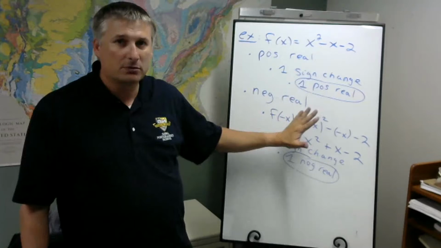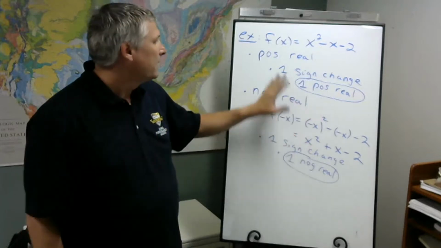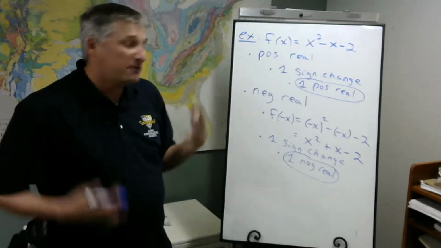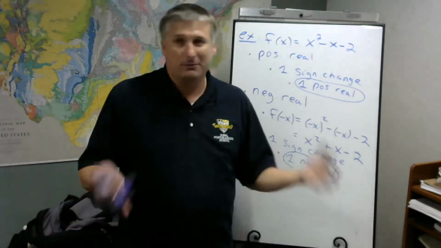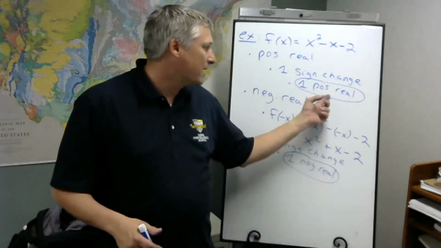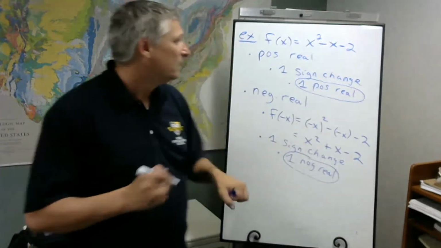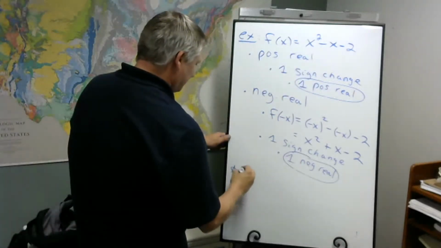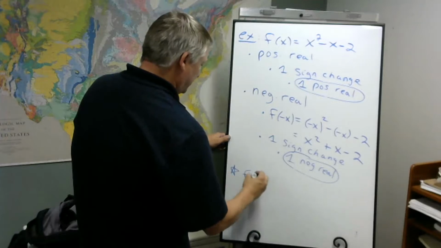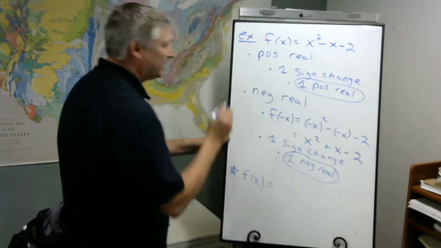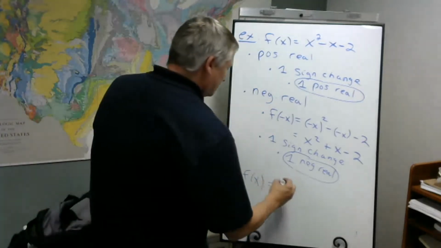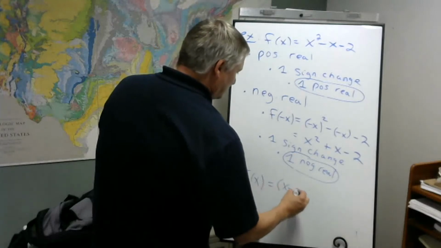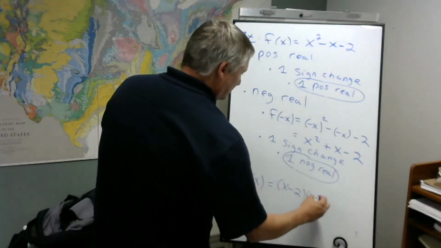Now these are two different roots, and it's a degree 2 polynomial, so we found all the roots. Well, at least we have an idea that one of them's a positive real, one's a negative real. Now just to check, we can factor this. So we're going to get f of x, and it just so happens this factors to x minus 2 times x plus 1.